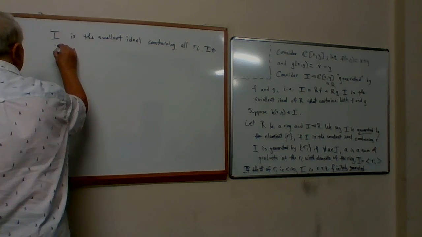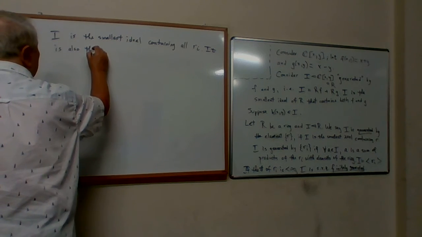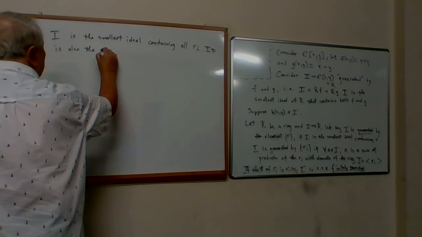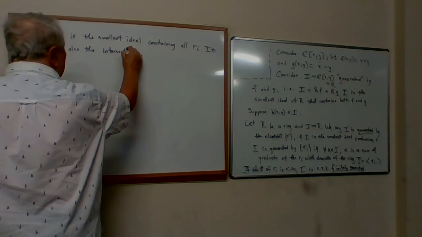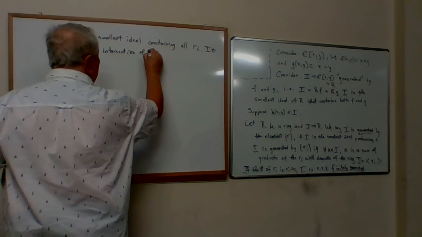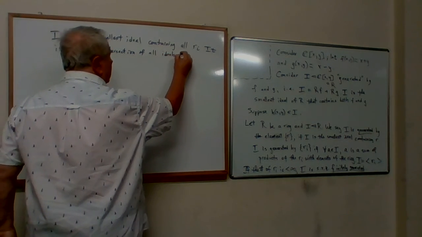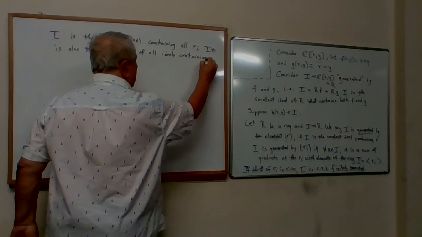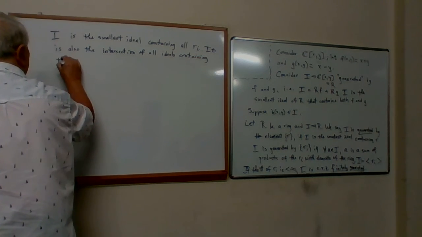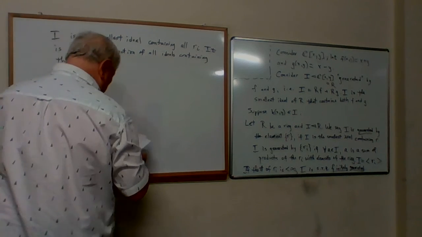It is also thought of as the intersection of all ideals containing all the r sub i's.